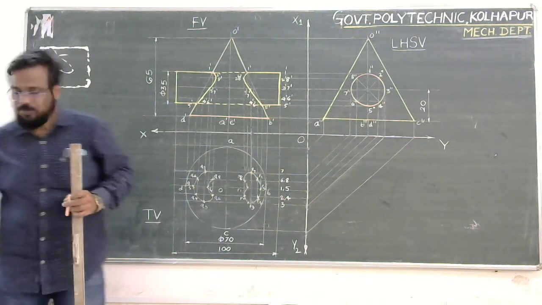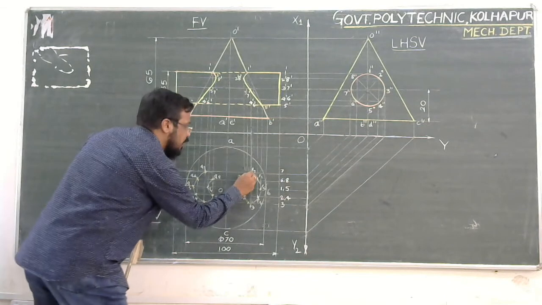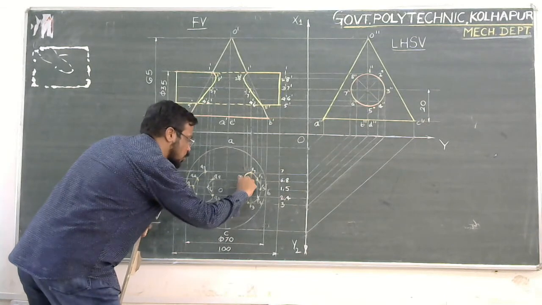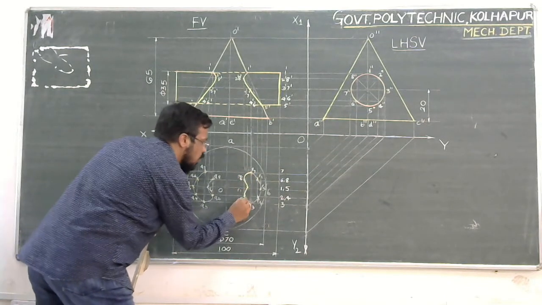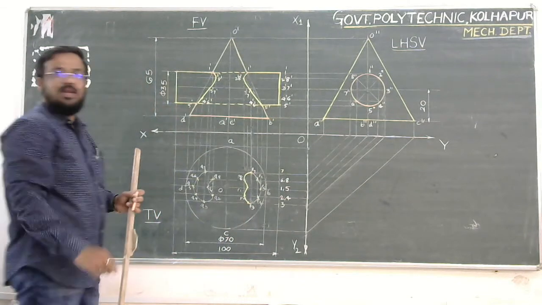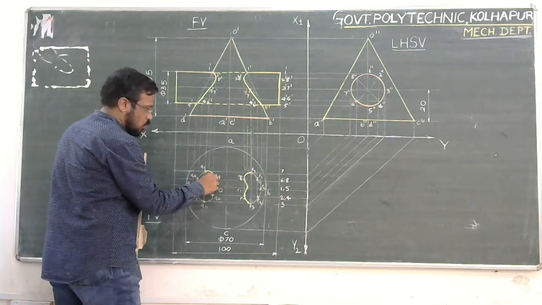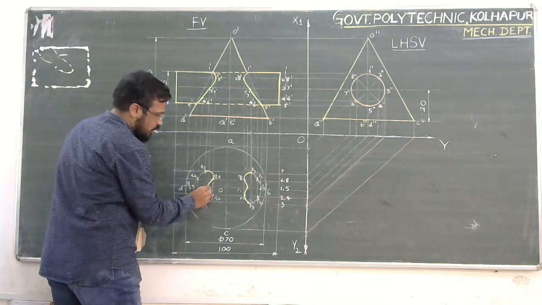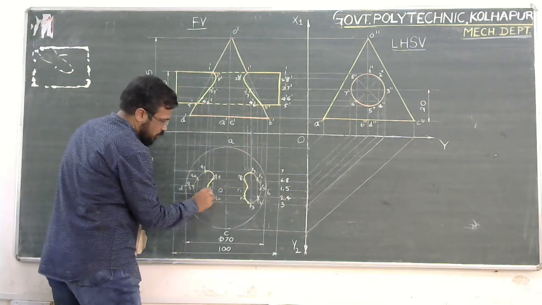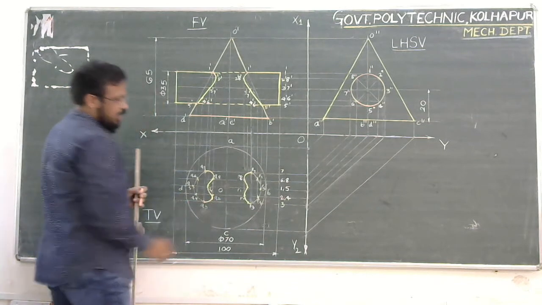So this part from 7 to 8 to 1 to 2 and to 3, this is visible. In the same way, from 7 to 8, then this 1, this is 2, again from 2 to 3, that is visible.